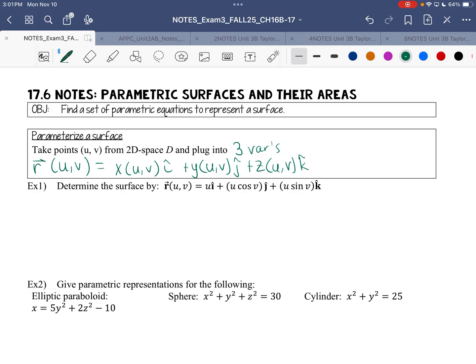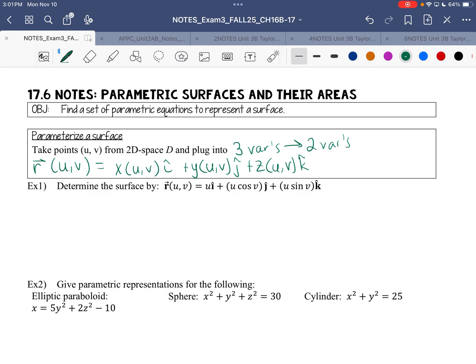So you have some 3 variable function, x, y, z, that you're trying to turn into a 2 variable situation. So take the points in 2D space, plug them into the functions in 3D space.